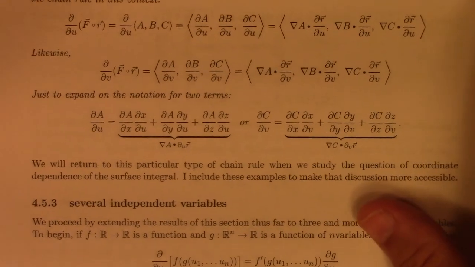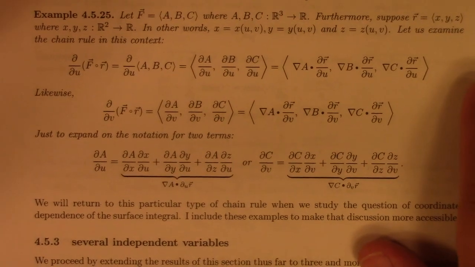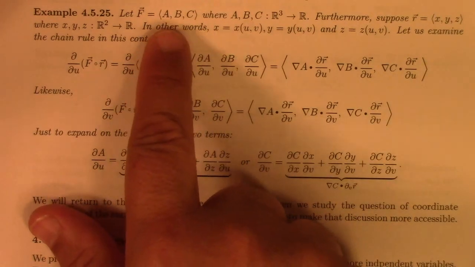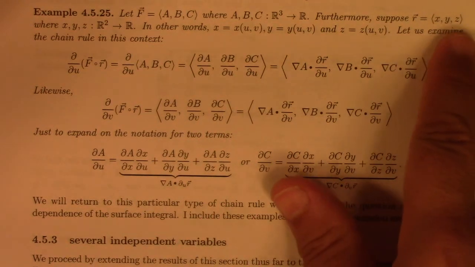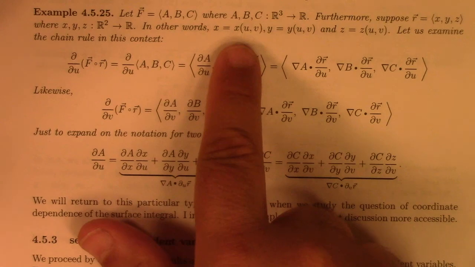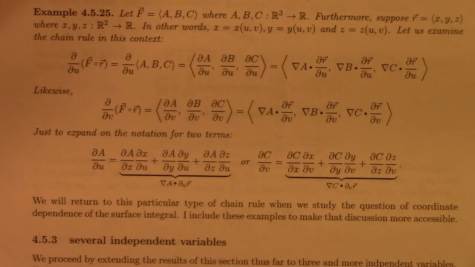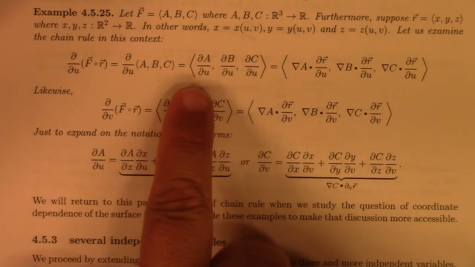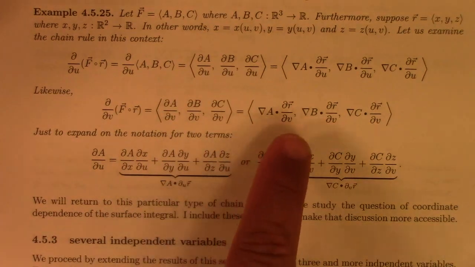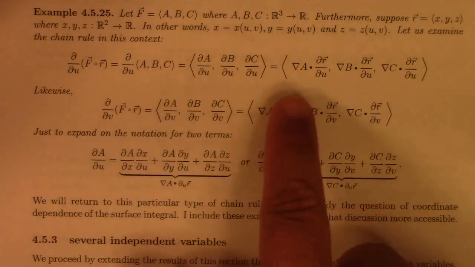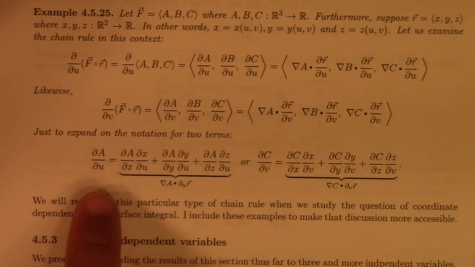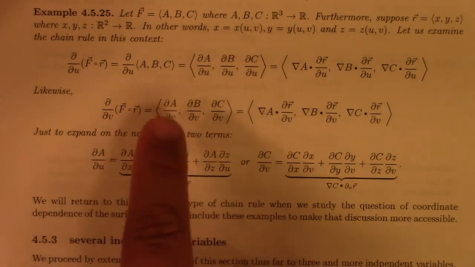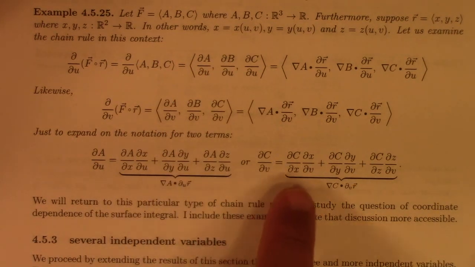But if you have a vector of functions where a, b, and c are all functions of x, y, and z, and those intermediate variables x, y, and z are written in terms of independent variables u and v, then you differentiate each one of these component functions by the kind of chain rule we talked about before, and you can look at what partial a partial u is in terms of these dot products.